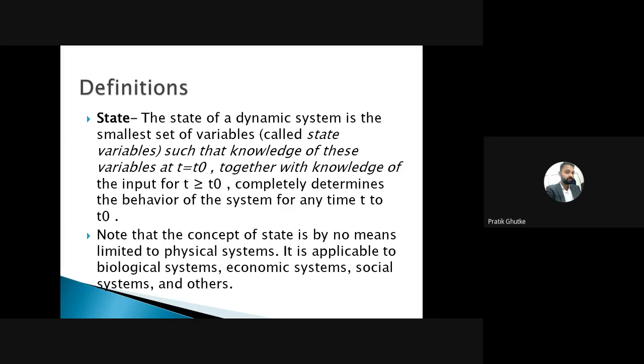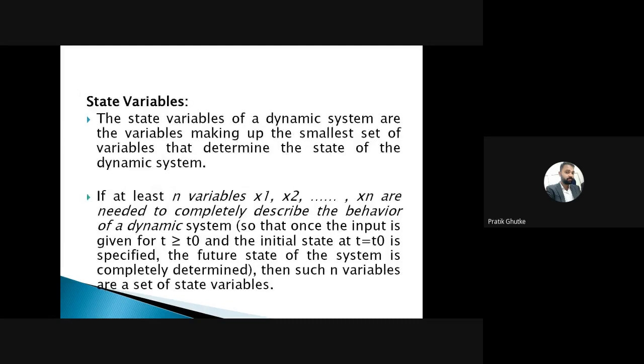What do you mean by states? So now, what is meant by state variables? The state variables of a dynamic system are the variables making up the smallest set of variables that determines the state of a dynamic system. This is known as the state variables. Yes?